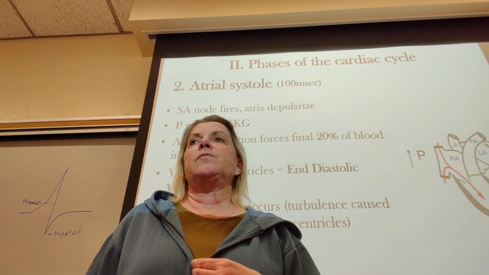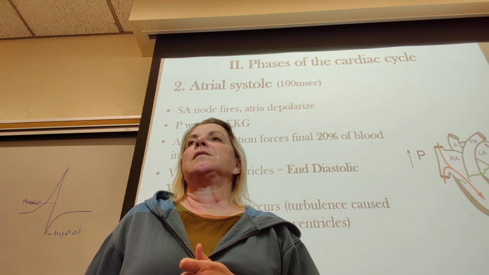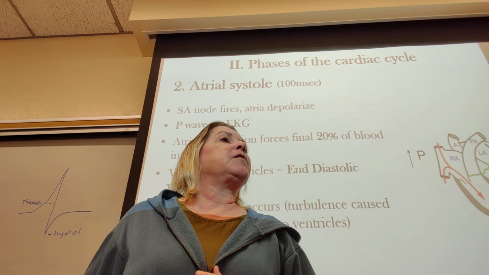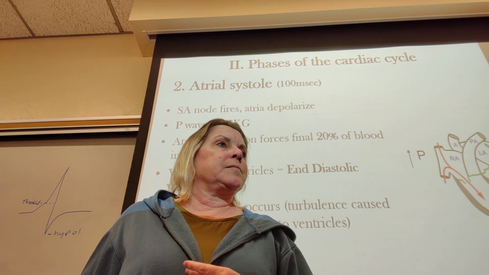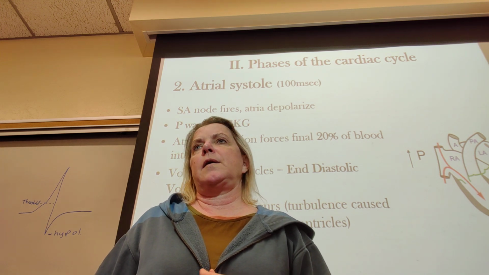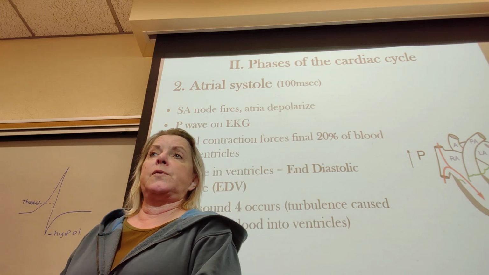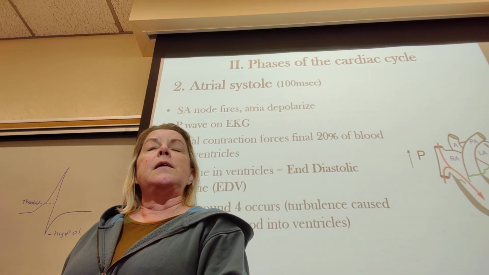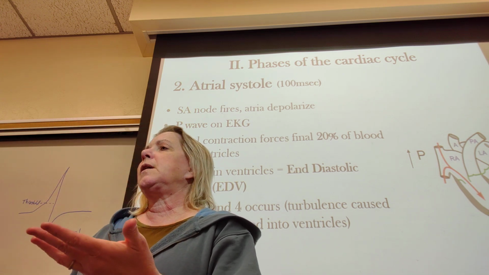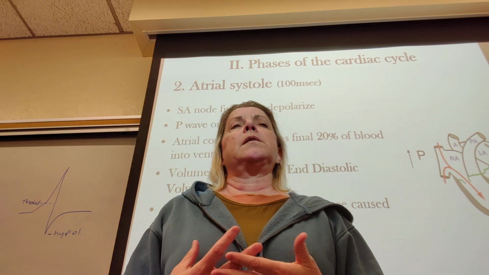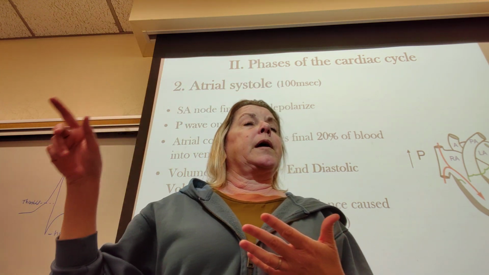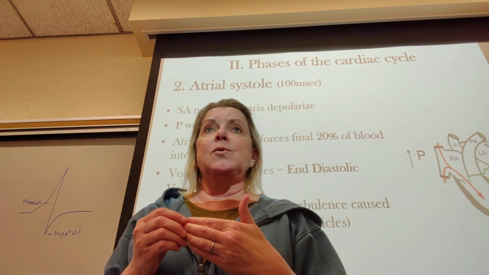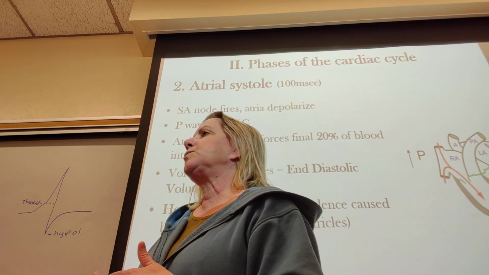It is vector analysis. It is a summation of vectors. And if you know that, then you know why the pen goes up and why the pen goes down. Even though Grace did say to us, and she's right, that you can determine what's going on from the EKG, that's 100% true.